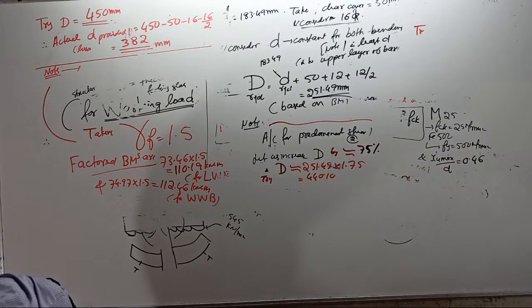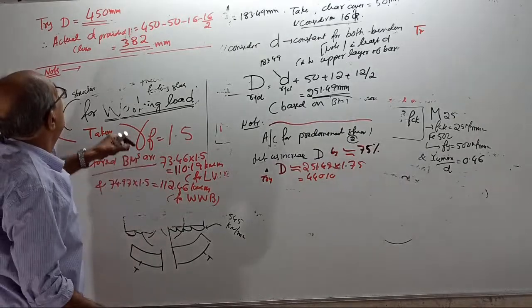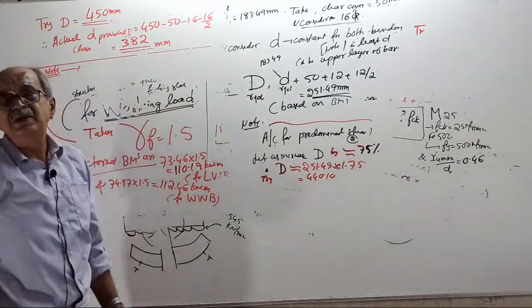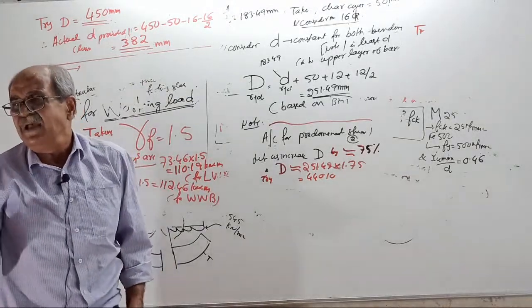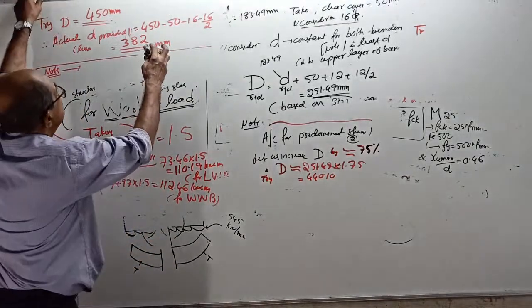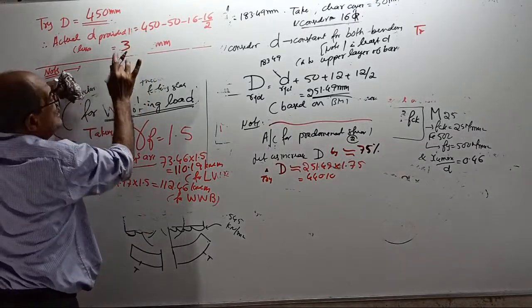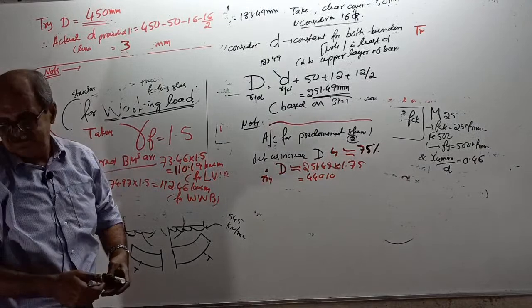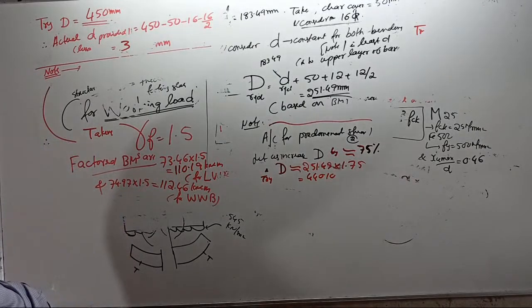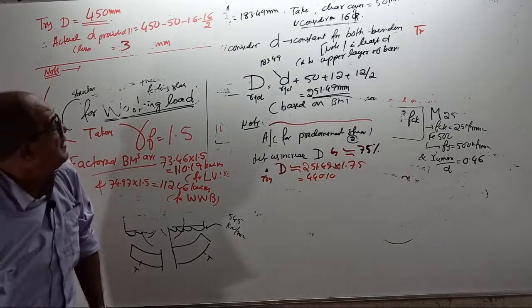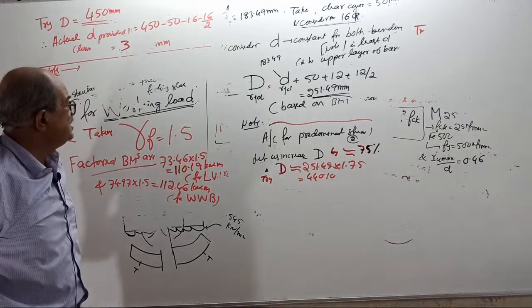See, now same person is telling 376. See, where is 12 mm? I took 16 mm. You are imagining things. I took 16 mm bar. Where did I take 12 mm bar? You never imagine in my class. Who told 12 mm? I took 16 mm, correct?